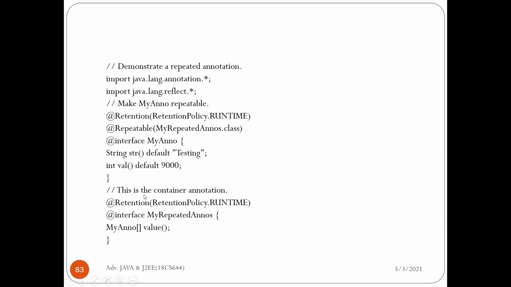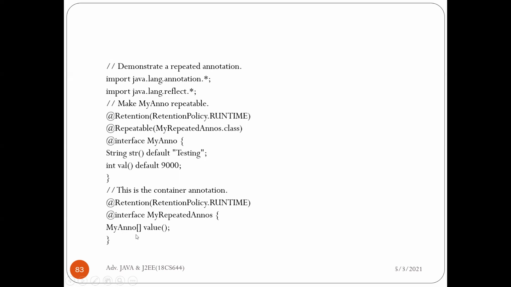For this, a container is defined. A container annotation looks like this. Retention policy, @interface MyRepeatedAnnos, and within that, MyAnno[] value. Inside this one, there is an array of MyAnno.